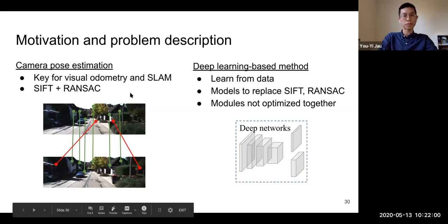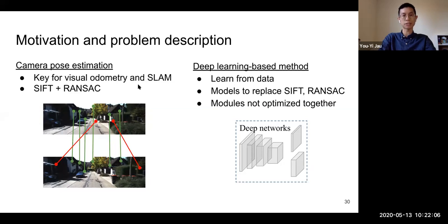For this problem, we have the motivation that camera pose estimation is the key for visual odometry and SLAM systems. Traditional methods like SIFT as a feature extractor and RANSAC as outlier rejection have dominated this field for over a decade. But there is some interest in using deep learning-based methods because we know a network can learn from data.